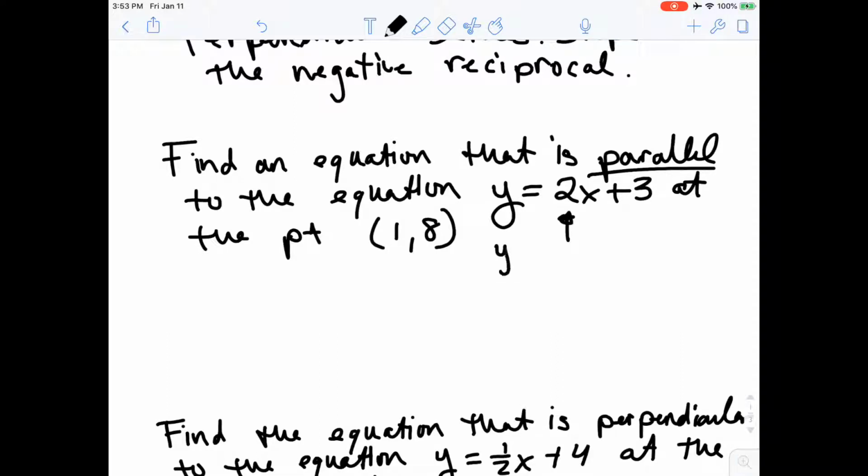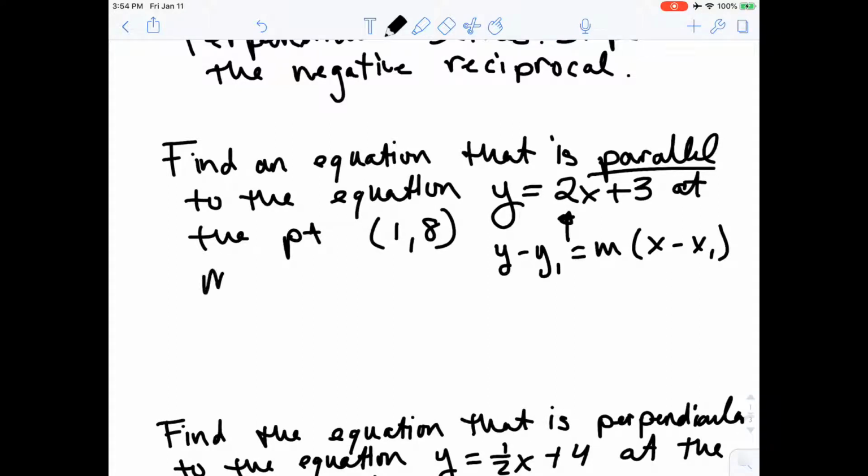Remember, your point slope form is y minus y1 equals m times x minus x1. Okay, so I need a slope, which I'll pull out from this equation. I have my point, and then the parallel is going to tell me what I need to do to the slope, right? So because it's parallel, slope is the same, is equal, right?